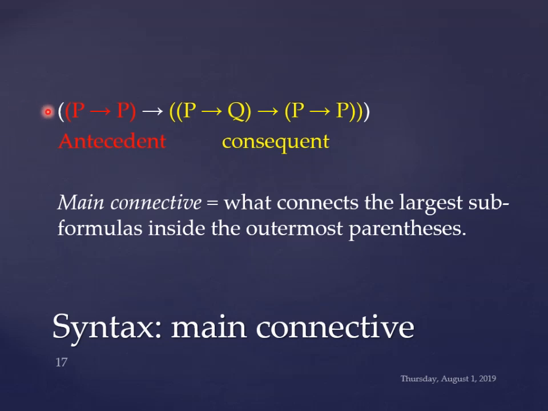Notice that I have the outermost parentheses in white, so you can see that. All right? Being able to find the main connective is the bread and butter of this course. If you don't know how to do this, you cannot pass. Now, don't worry about this. This is easy. You just have to train your eye to find the appropriate groupings of the parentheses. But this is something that's going to affect how we do logic throughout this course till the end. So I want you to get good at this.